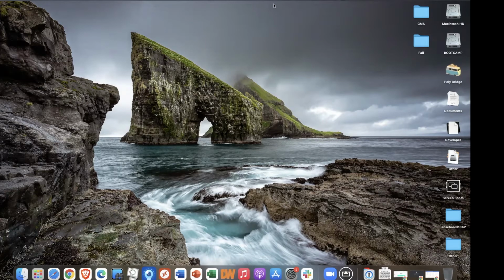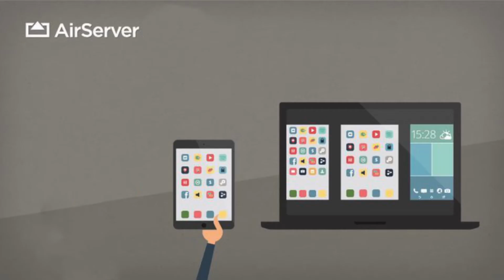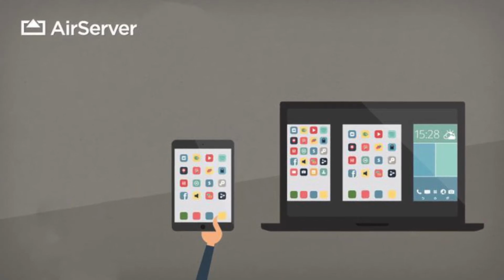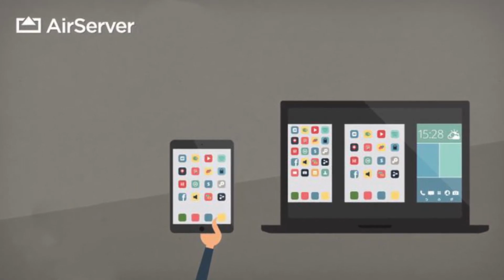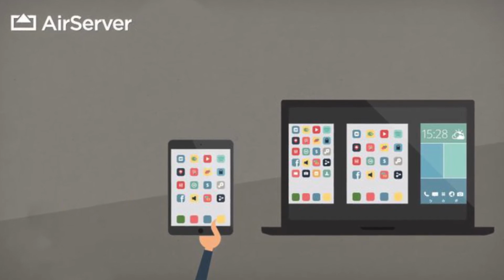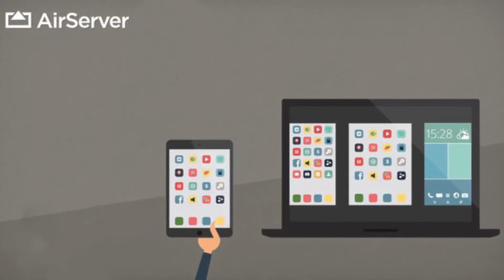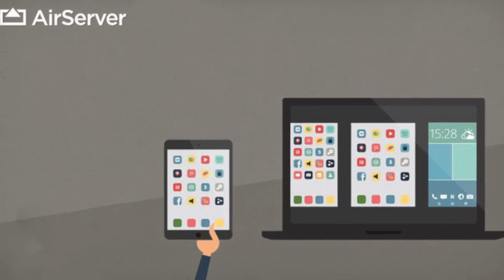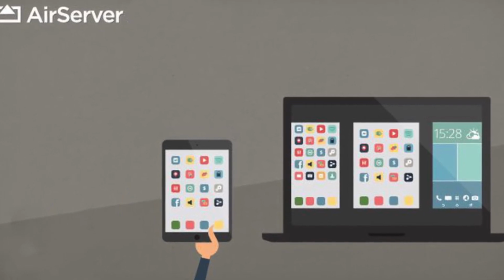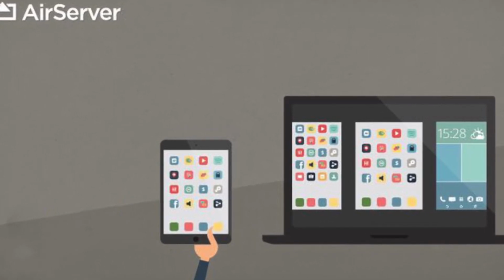And that is basically AirServer right there. Sharing your iPad screen onto your projector is one of the most used features, so having AirServer is essential to doing that if you don't have an Apple TV, which most elementaries don't.